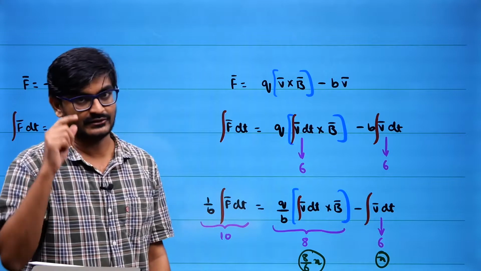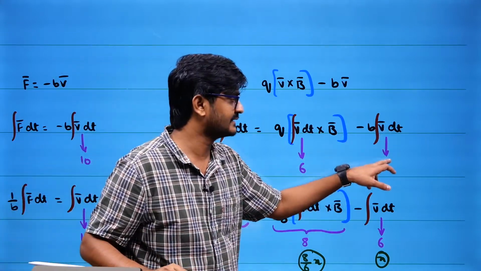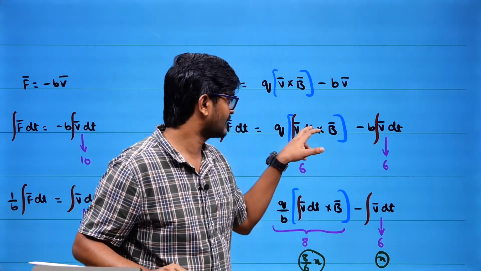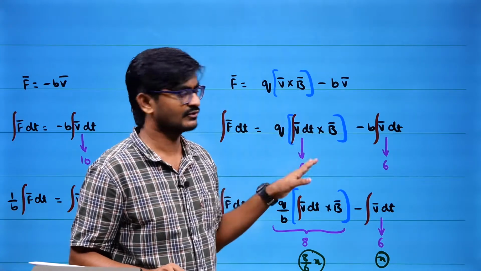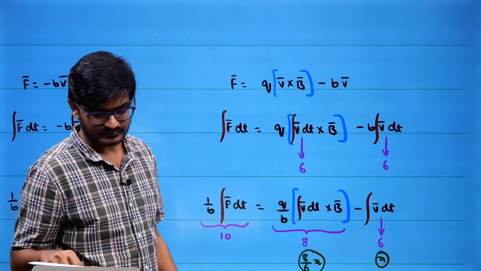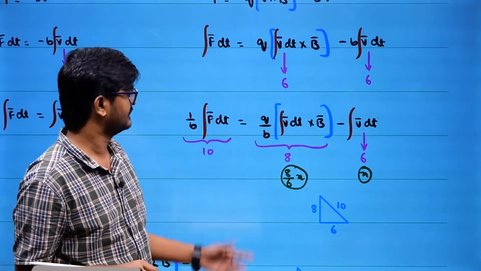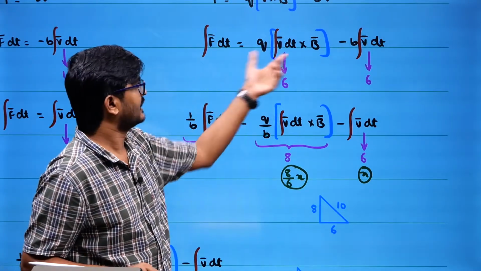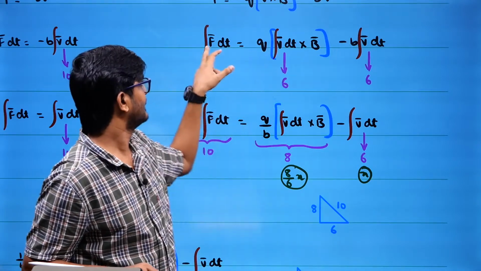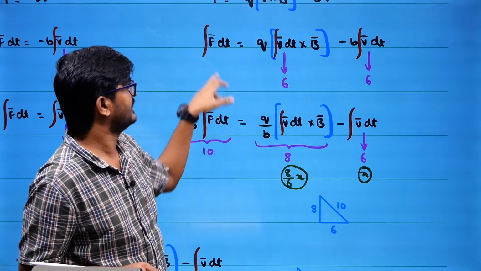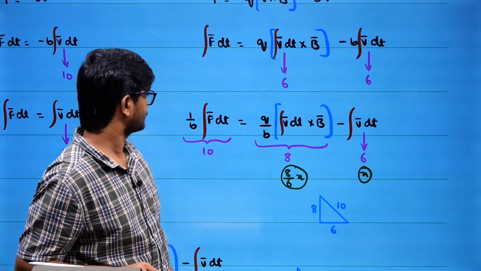In the second case they have given the displacement as 6, magnitude wise 6. Now what about this one? This is also going to be magnitude wise 6, but I am not going to use it anyway. Now if I further write it this way and divide by b, I will be getting 1 by b into f bar dt.